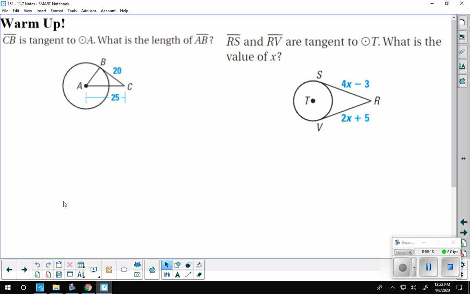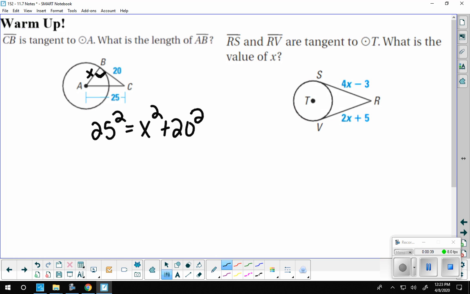If CB is tangent to angle A, that means we know that the radius and the tangent make a 90-degree angle, which means because it is a 90-degree angle, we can use Pythagorean theorem to help us find the length of segment AB. So hypotenuse is across from the 90-degree angle, so 25 squared equals leg squared plus leg squared.